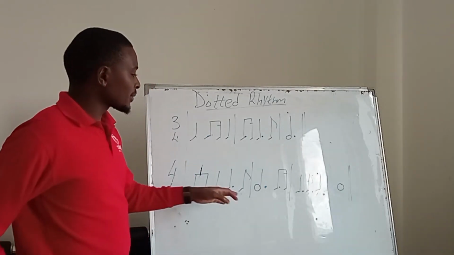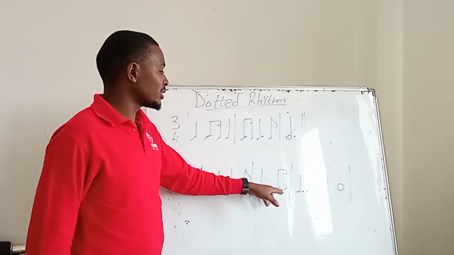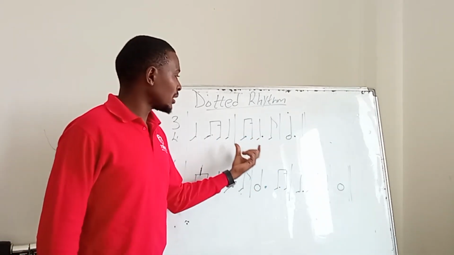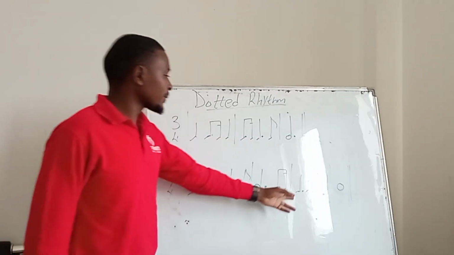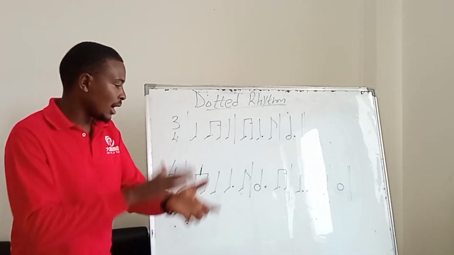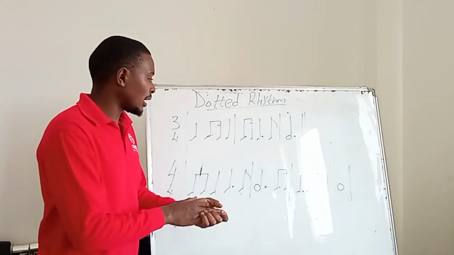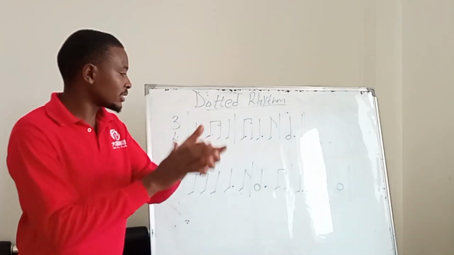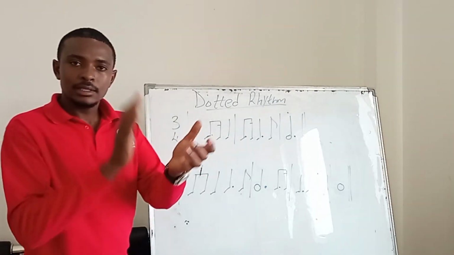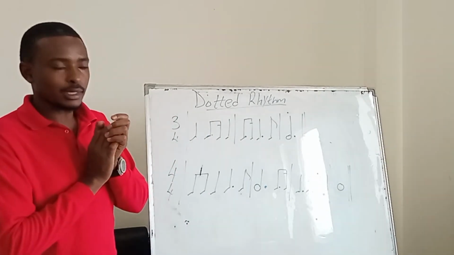So we clap this, nothing new. These are just 3 crochets. This is 1 crochet, but remember you have to clap it as we did in our previous dotted rhythm clapping. So for this one you go ta ta ta, and you are done.